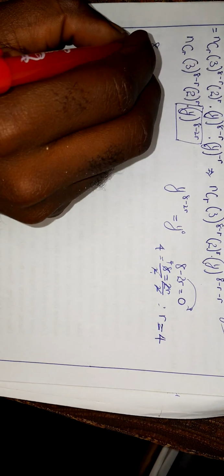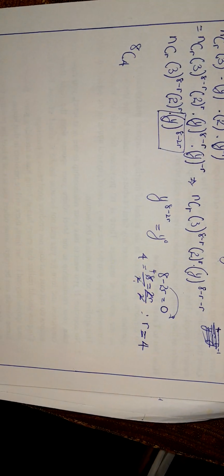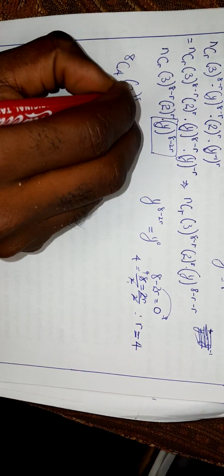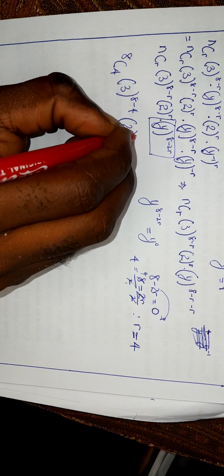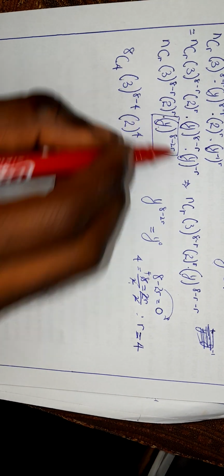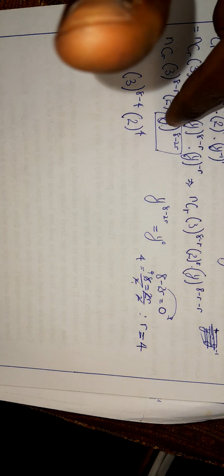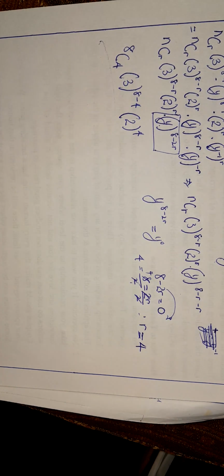So we're having 8 combination 4, 3 to the power of 8 minus 4, 2 to the power of 4. There is no need for this because we already know that it's going to give us y to the power of 0, which is 1. So we're going to just simplify this.